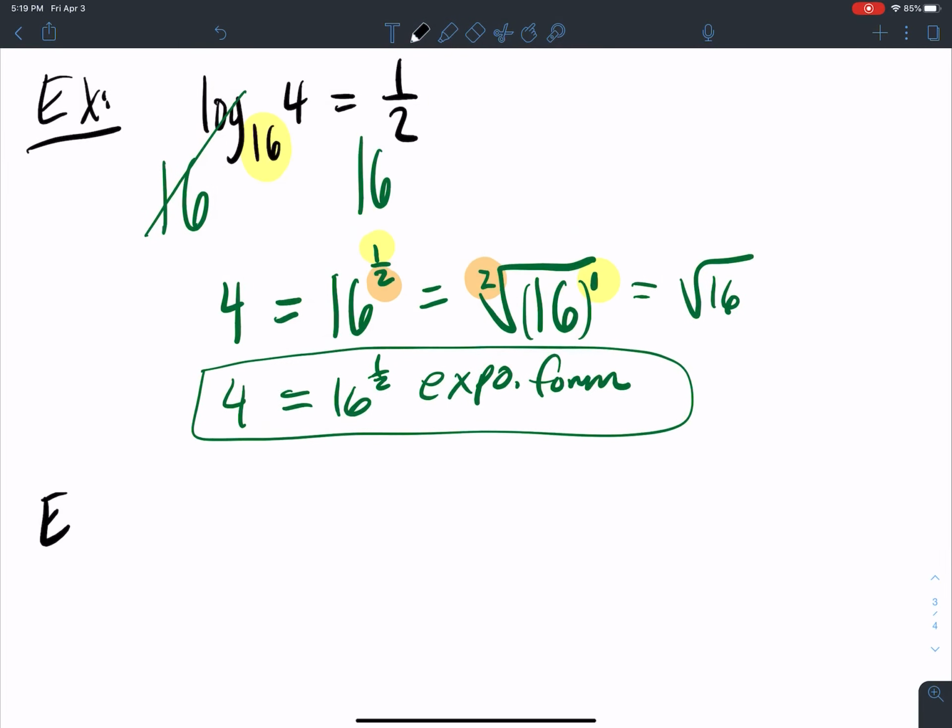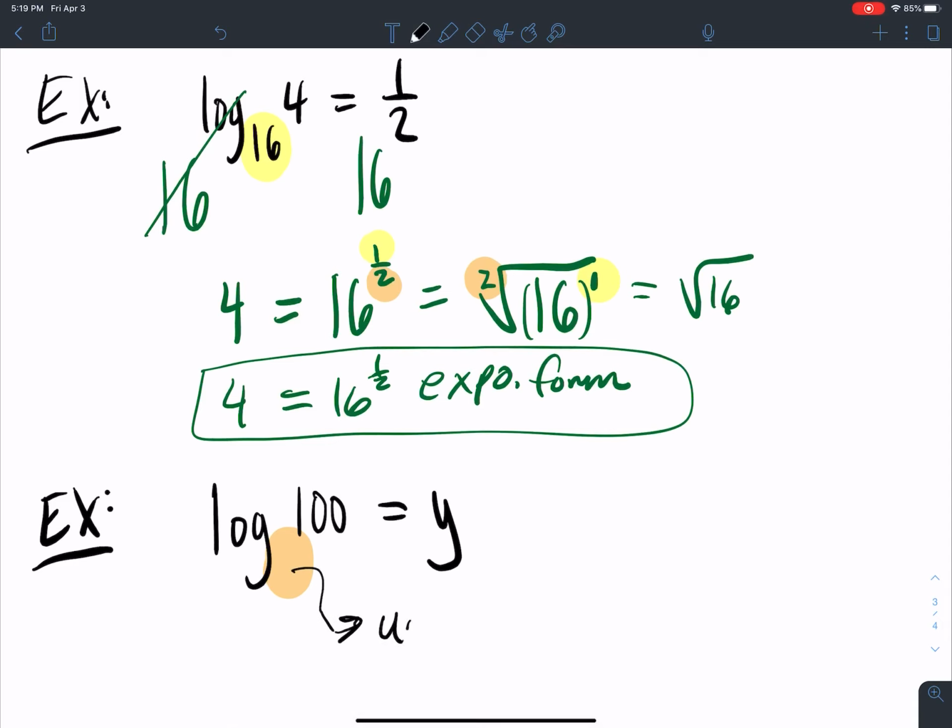Now, one more just to make sure. Log of 100 equals y. Uh-oh, what's different about this one? Well, when I look at this, I don't see a base anywhere. When there's no base, it's understood to be base 10.